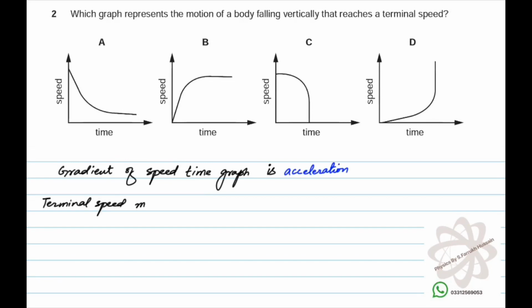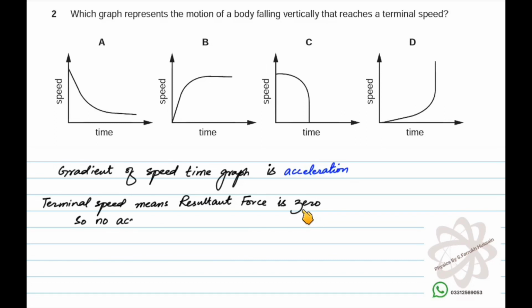And if we are talking about terminal speed, it means that air resistance and the weight acting on the object both are balanced, they are equal, so there is no resultant force acting on the object.